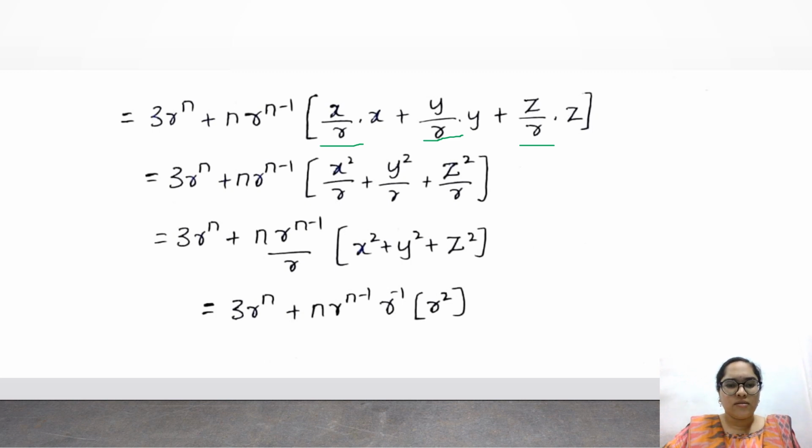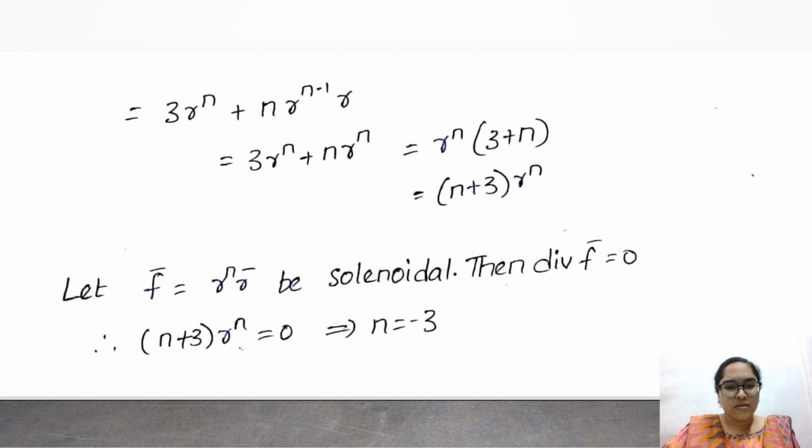Taking the denominator r common, we get x square plus y square plus z square, which we write as r square. When we multiply this with r power n minus 1 into r power minus 1 into r square, we get this thing.